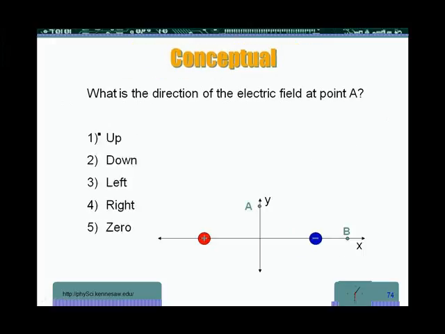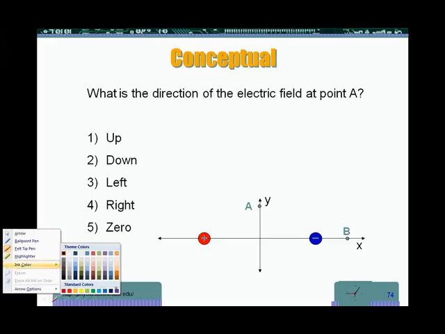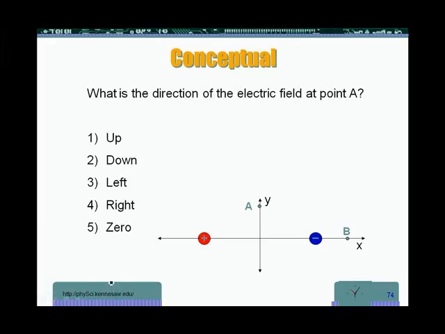Okay. Now, what about at point A? Again, the Y axis here is midway between the charges. Now, the electrical field due to the negative charge is going to point towards the negative charge.